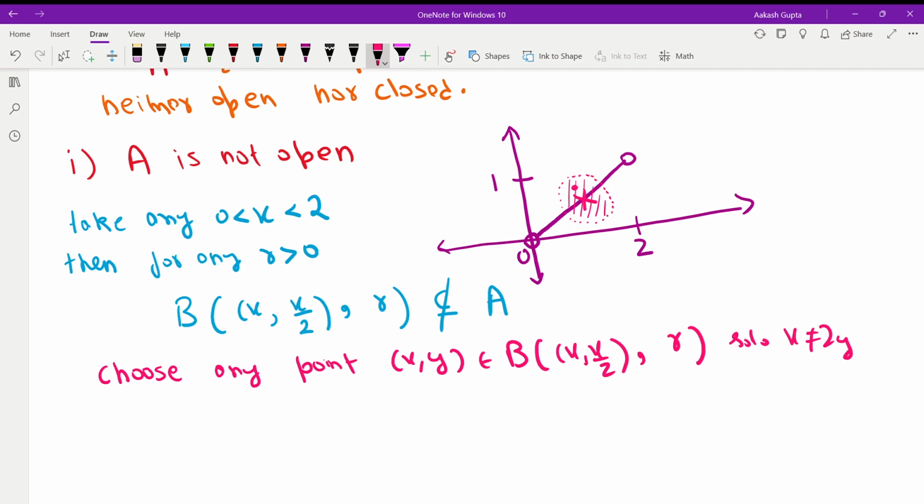You will have plenty of points, right? You can also take, in particular, some value around the point, no issues. So then what is our claim?